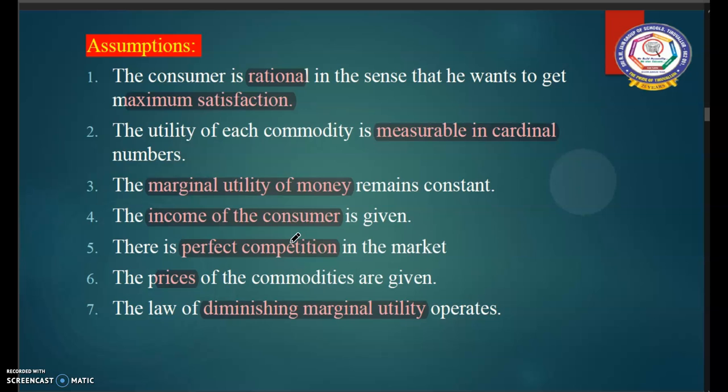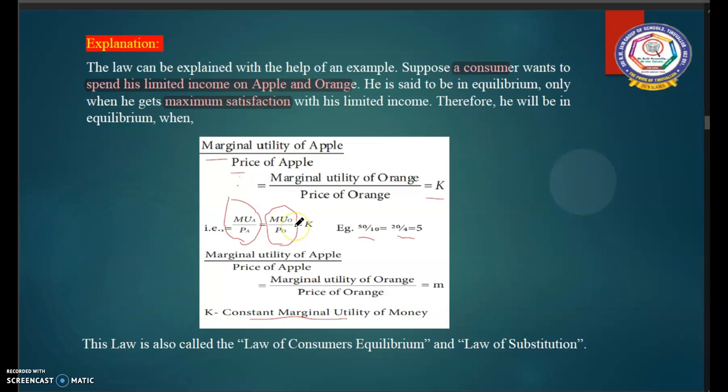We discussed perfect competition: many sellers and buyers will be there, for example. There are various features of perfect competition. The prices of the commodities are given, and the law of diminishing marginal utility operates.